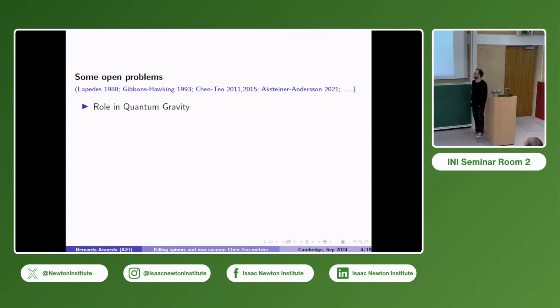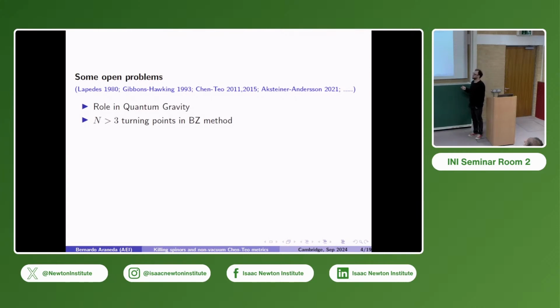So first of all, there is of course the role of the new instanton in quantum gravity, in the sense of the path integral or the partition function. Then a very interesting problem that was emphasized a number of times to me by Lars Andersson is: what happens if you include more turning points in the Belinsky-Zakharov method?